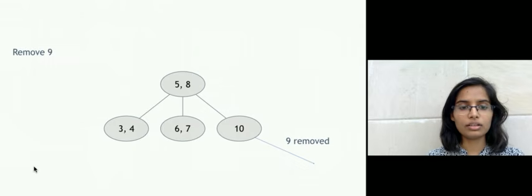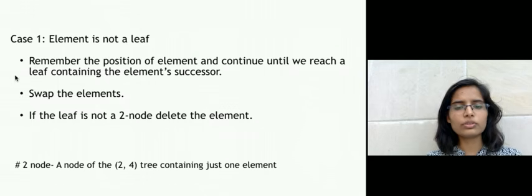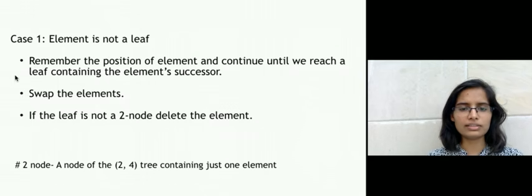Now let's look at another case. Starting with case 1. This is the main case that we'll be discussing, case 1 and case 2. Case 0 was very trivial. So case 1 is in which the element is not a leaf. The element lies somewhere in between our tree and it's not a leaf. So what we do is we remember the position of the element and continue until we reach the leaf containing the element's successor.